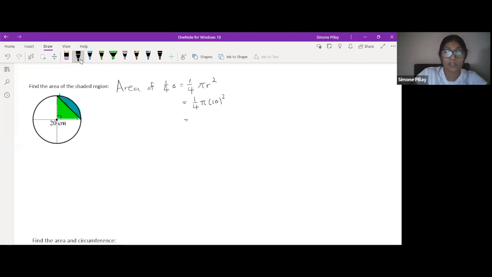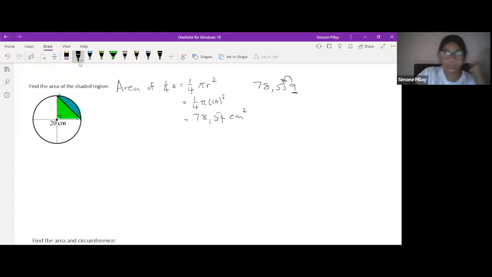It was actually 78,539. Remember, when we're rounding to 2 decimals, I am going to look at my third decimal, and that's going to tell me whether I go up a number or whether I keep it as it is. So because 9 is above 5, I'm going to change this to 78,54. There you go. And that is going to be centimeters squared.